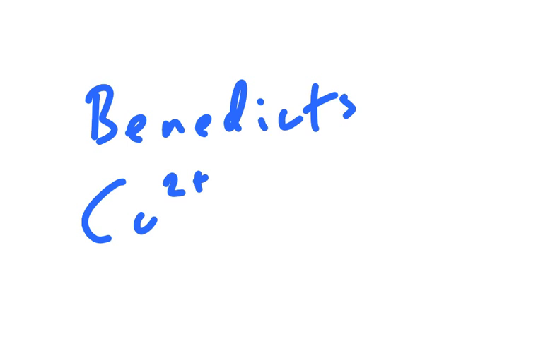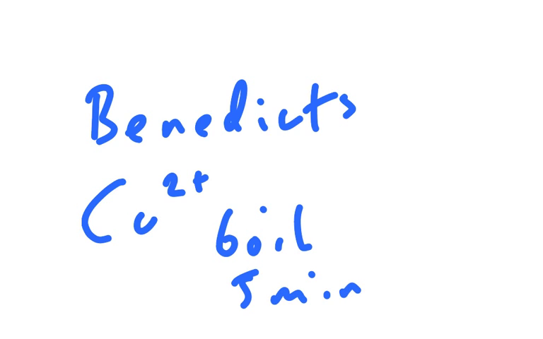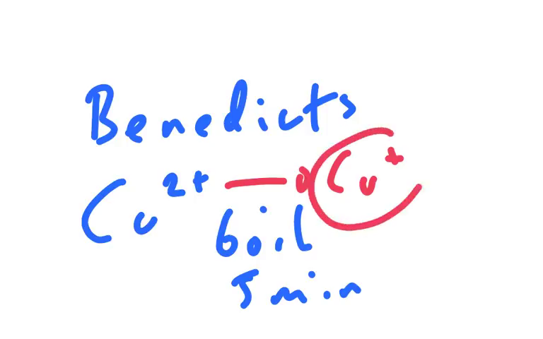When you boil, so it's definitely boil, not heat, the sample you're testing with Benedict's for 5 minutes, then the copper 2 will be reduced to copper 1 if a reducing sugar is present. And the copper 1 is a reddy browny colour.